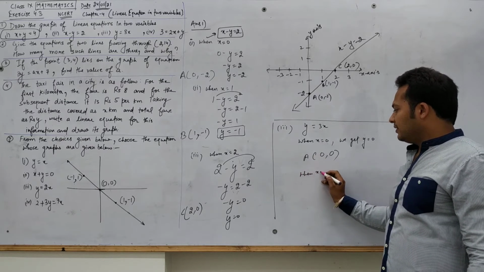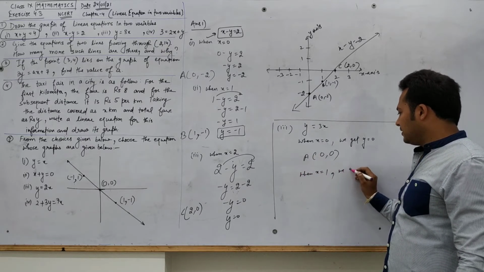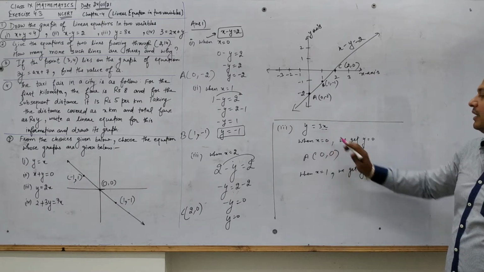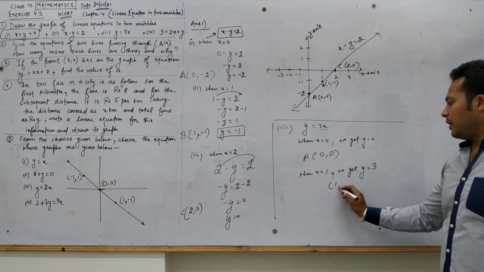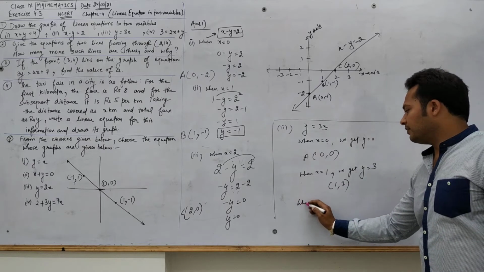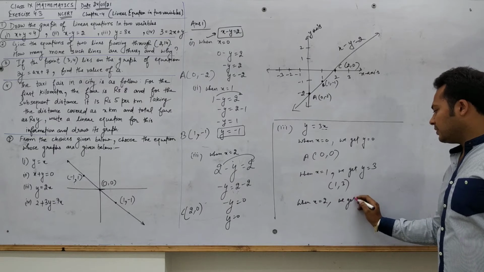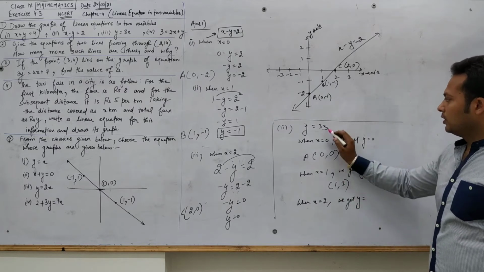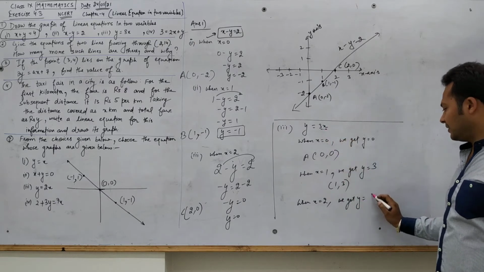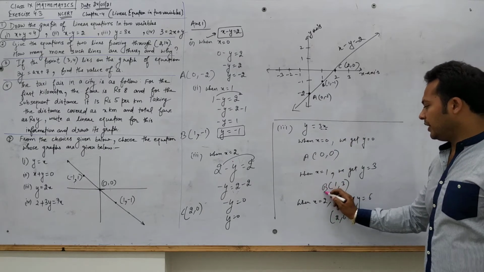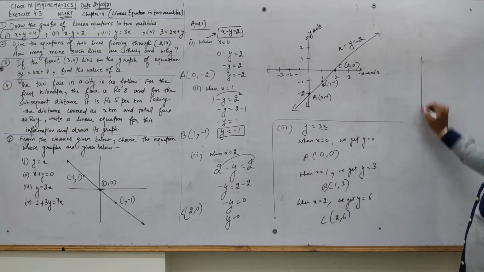When x is assumed as 1, we will get the value of y equals 1 multiplied by 3, it's 3. So the point will be (1, 3). When the value of x is assumed as 2, we will get y equals 3 multiplied by 2, 6. So the point will be (2, 6). Okay, now let us plot these points on the graph.